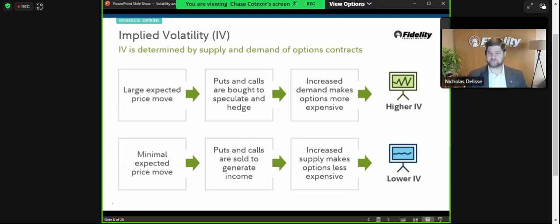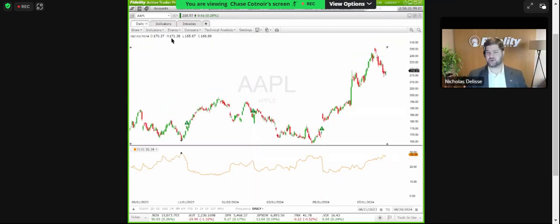Volatility indicators, of course, based on price and volume, are simply showing you how much movement there has actually been in the past. Now, there are some differences in calculations.